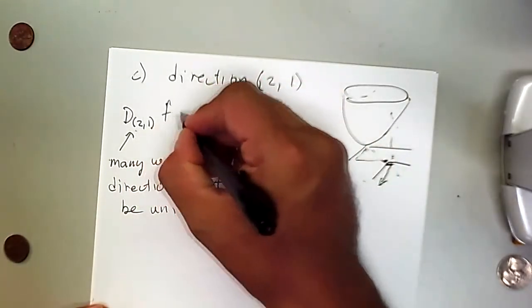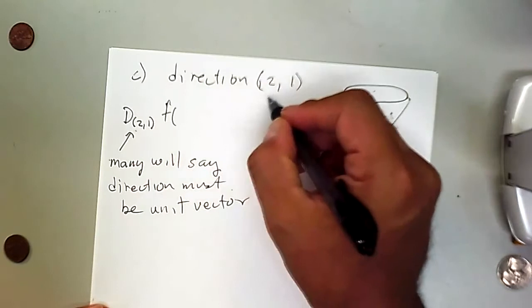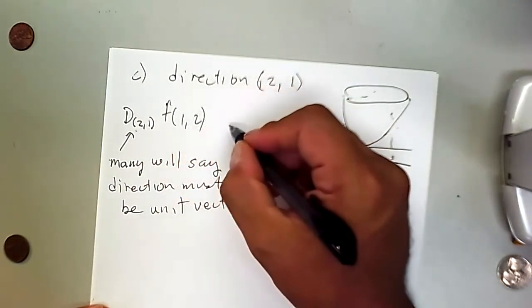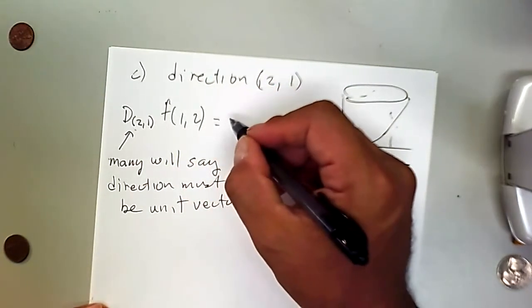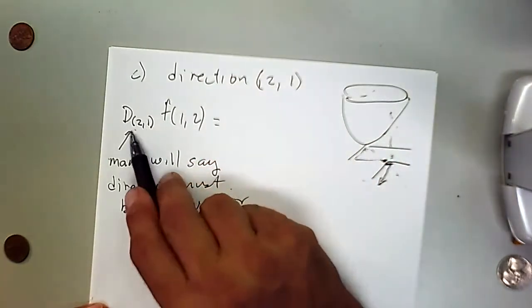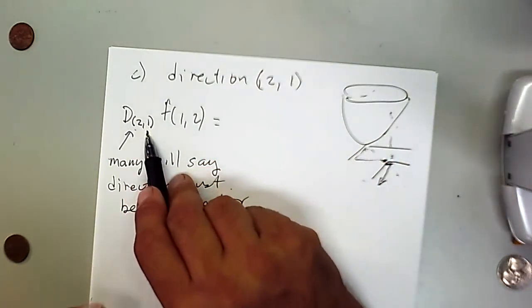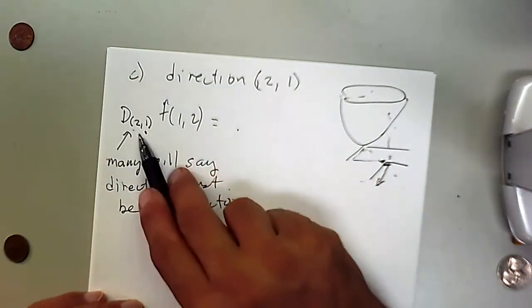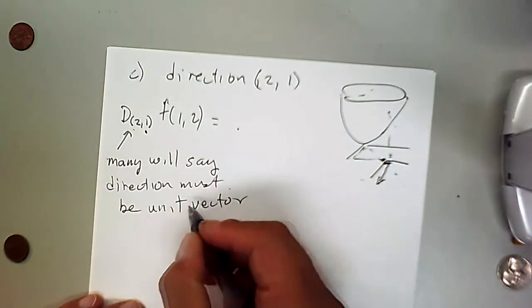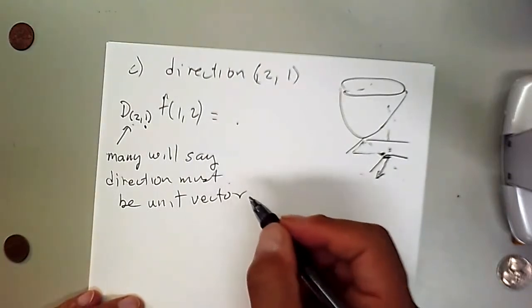Let's say f of 1, 2 as before. I'm a little more liberal than that because this is a direction. As long as in the answer you take that unit vector into account, I'm okay.